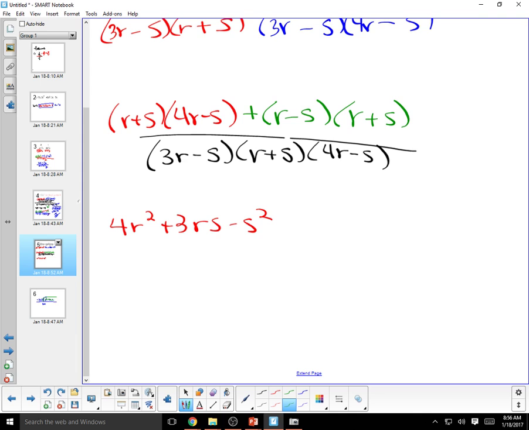On the green side, it's going to be a positive R squared minus S squared. Like this. That's a negative RS, right? And that's a positive 4RS. So combine them. If you have 4 RS's and you take away an RS, then you're left with 3 RS. See how I do that?